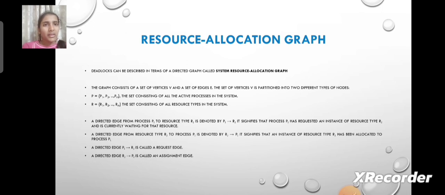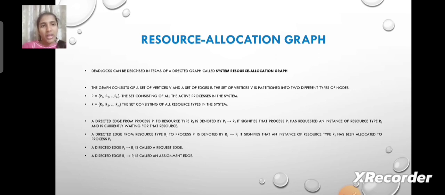A directed edge from process P1 to resource type Rj is denoted by Pi to Rj, which signifies that the process Pi has requested an instance of the resource type Rj and is currently waiting for that resource.